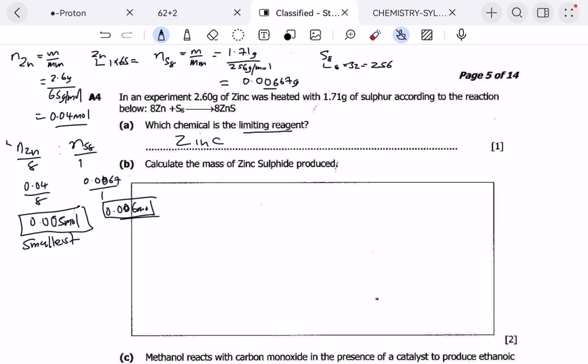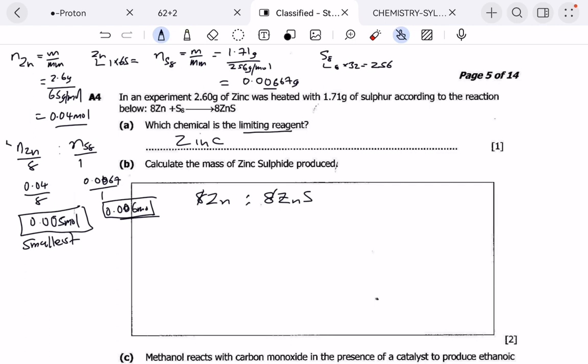Then calculate the mass of zinc sulfide. For you to calculate the mass that was produced, you have to use the mass of what was limited. So using the law of conservation of mass, the easiest way is to do this, then 8 zinc sulfide.